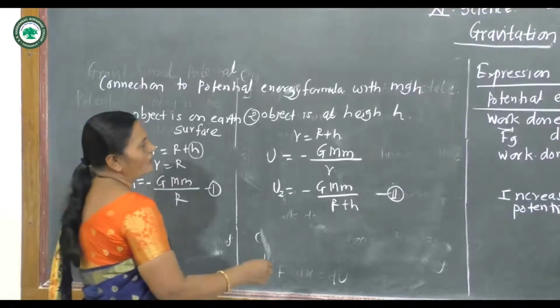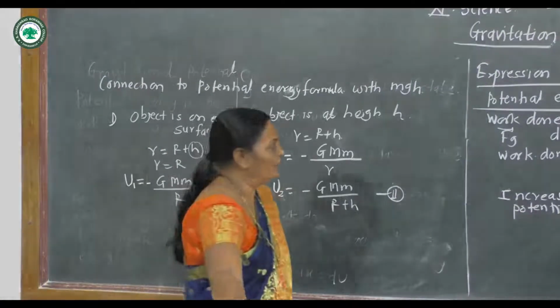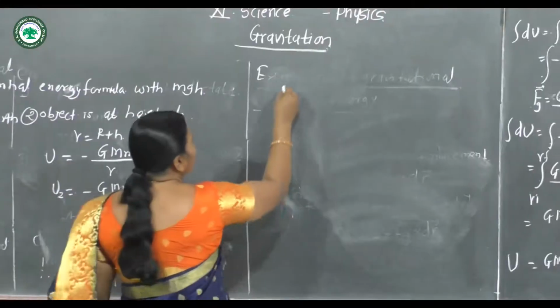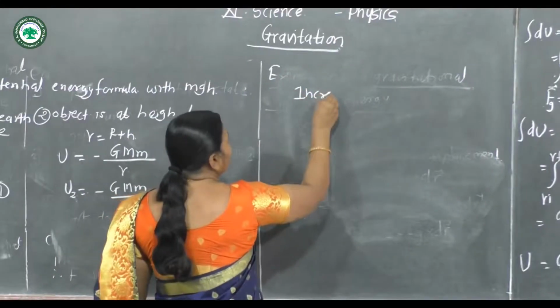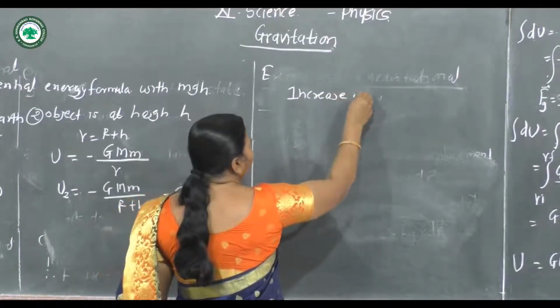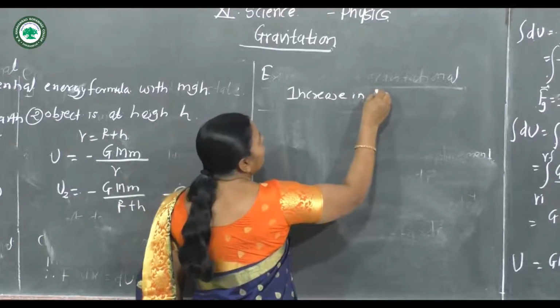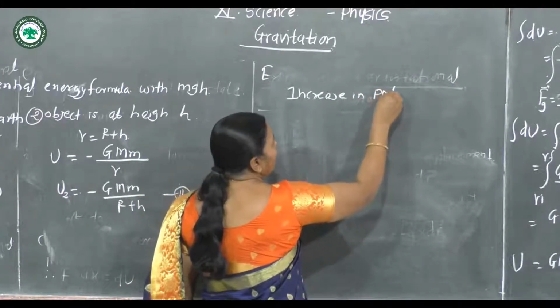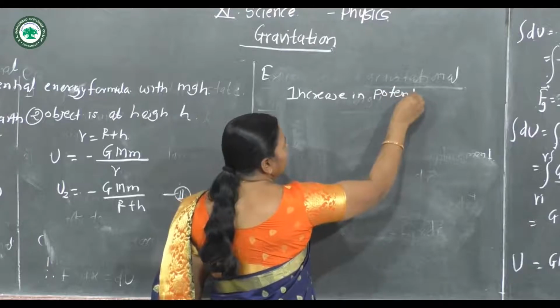Then U2 minus U1 gives delta U, the increase in gravitational potential energy.